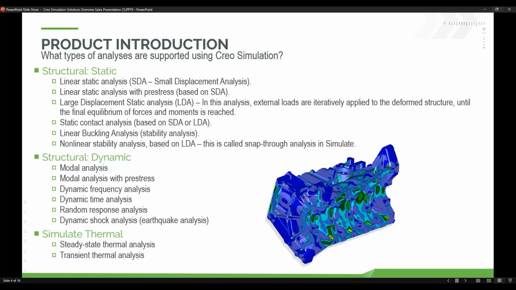We can do linear buckling. This is a stability analysis where you can actually take a column or something resembling a column and basically press on it along the parallel line of the axis. And at some point in time, you will provide enough force to that object until it will buckle. So it will predict the location or the forces that it would take to buckle the column.